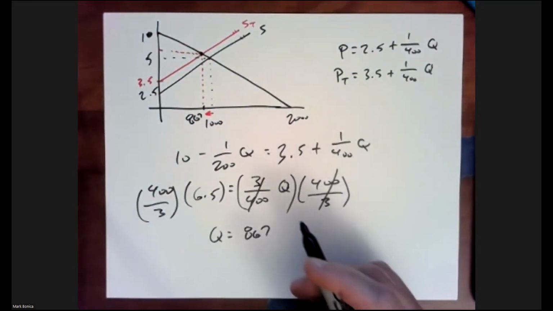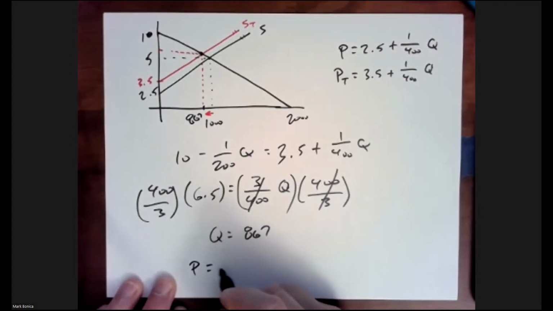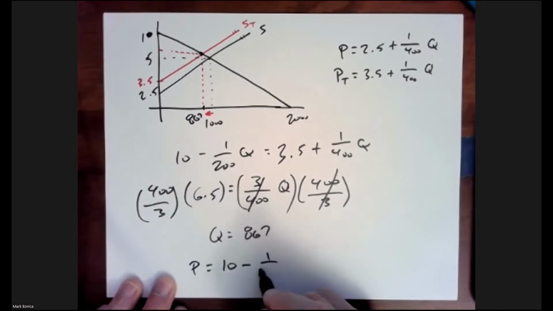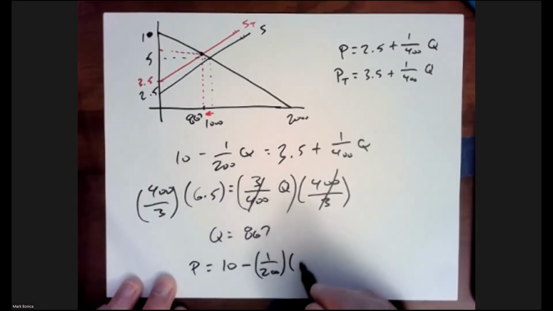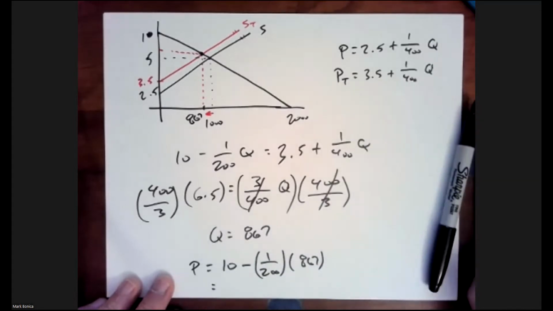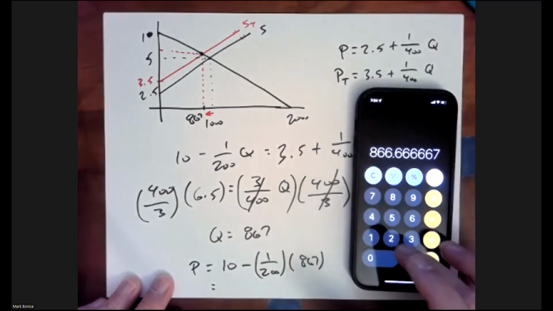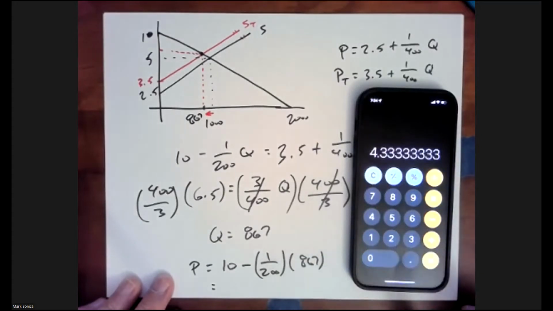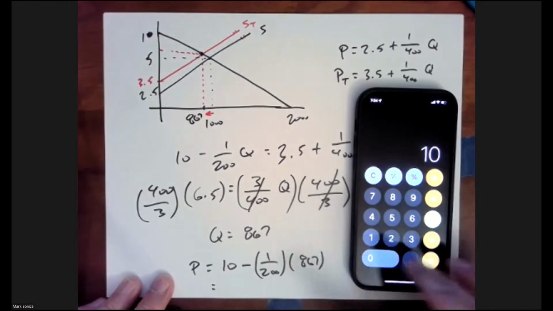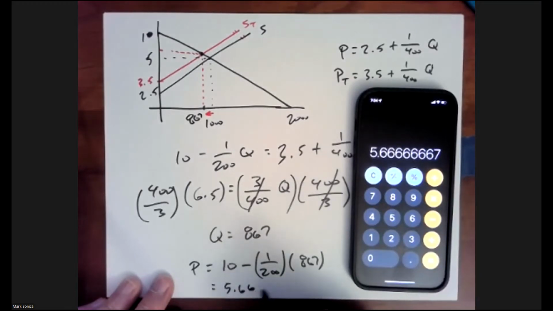So I'm going to take 867 and I'm going to put it into my demand function. 10 minus 1 over 200 times 867. And I'm going to solve. So 866 divided by 200, right? 4.33 minus 10. And I get 5.66.